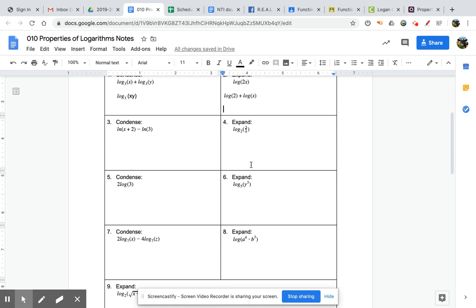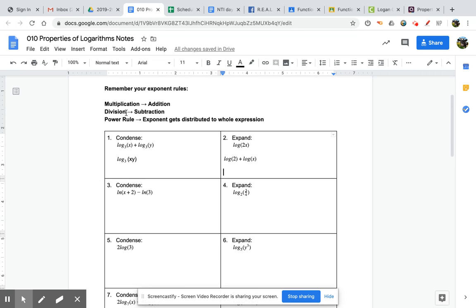Okay? Let's say I look at number 3, and I say, okay, it wants me to condense, so it wants me to put these together. So let's identify what's happening here. Well, in between these two logarithms, there is a subtraction symbol. Well, what does subtraction pair up with in my exponent rules? It pairs up with division. Well, that means then if I want to put these two things together, I'm going to need to divide. Or another way to say that is I need to create a fraction.